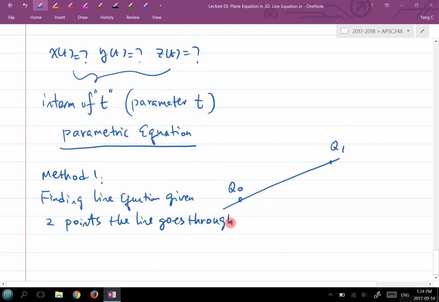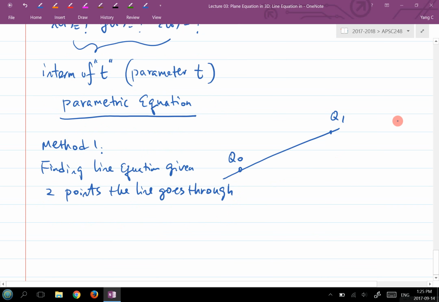So it's pretty obvious, two points determine a line, right? And it uniquely determines a line. You can't have any other lines go through this Q0, Q1. It's going to be the single line going through Q0, Q1.